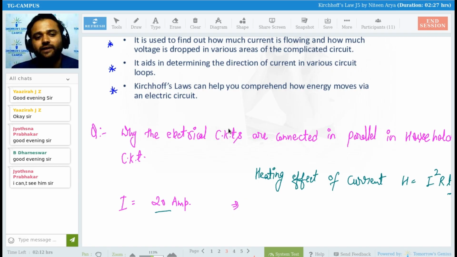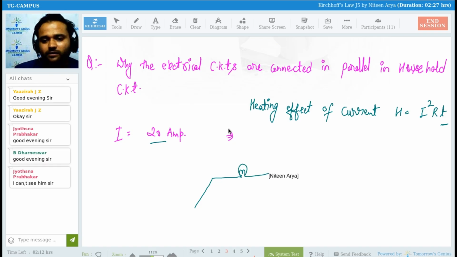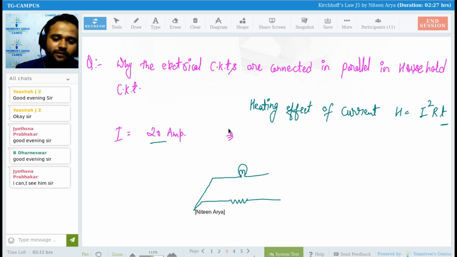So that's why we divide current, to overcome this heating effect of current and to save our instruments also. And the second thing, if they are connected in parallel, suppose this is your bulb, and this resistance is of your fan, this one is the resistance of your TV.